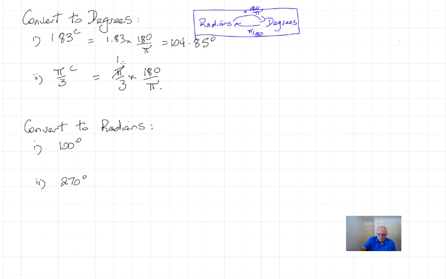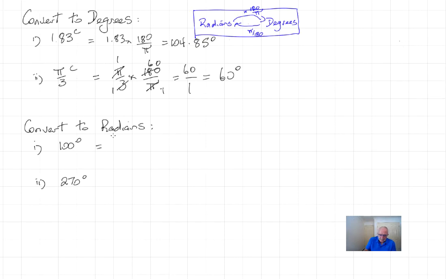The pi's are going to cancel, pi goes into pi once, so we put little ones there. 3 is going to cancel with 180 as well, so 3 into 3 goes once, 3 into 18 goes 6, 3 into 0 is 0. Multiply out, 60 times 1 is 60, 1 times 1 is 1, so that'll be 60 degrees. So pi over 3 radians is equal to 60 degrees.